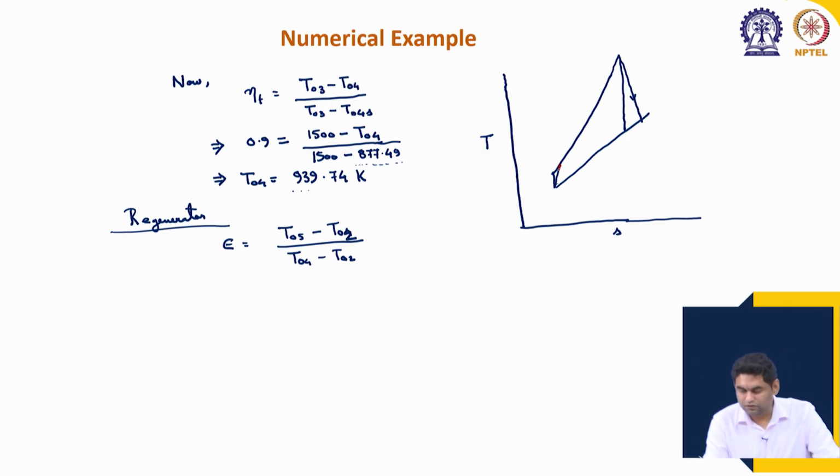So, this is from 01 to 02 compression, 02 to 05 regeneration, 05 to 03 combustion, 03 to 04 expansion in the turbine.